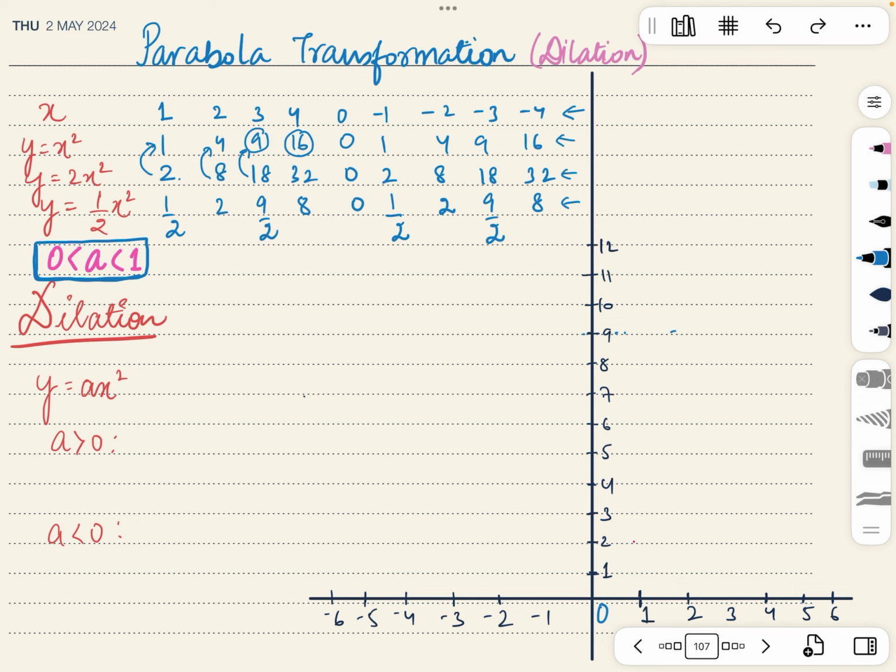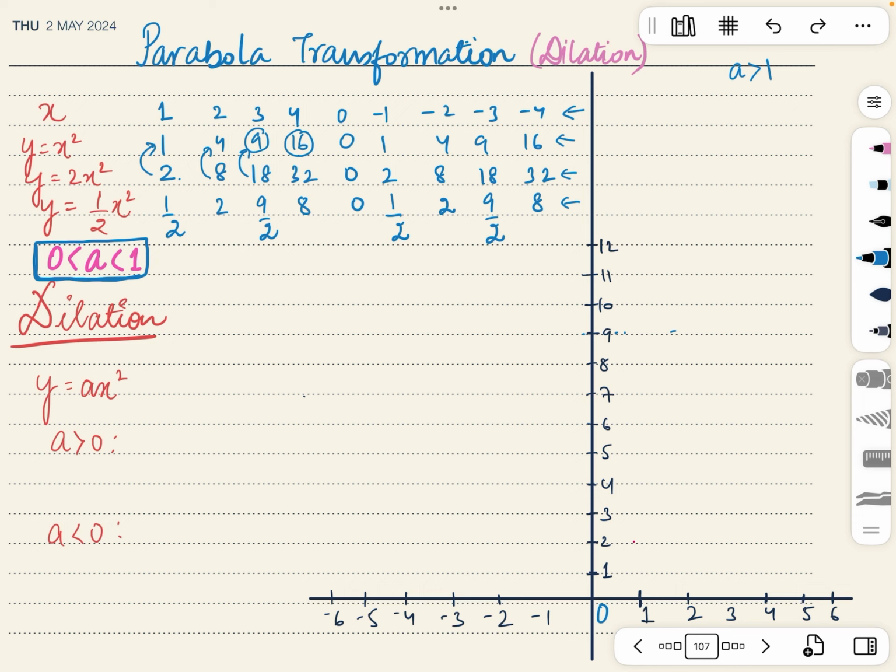What I'm going to tell you over here is, as the coefficient of x squared increases and goes beyond 1, your graph will come closer to the y-axis. So if a is greater than 1, it will come closer to the y-axis, and if a keeps on growing, then your parabola comes nearer to the y-axis.